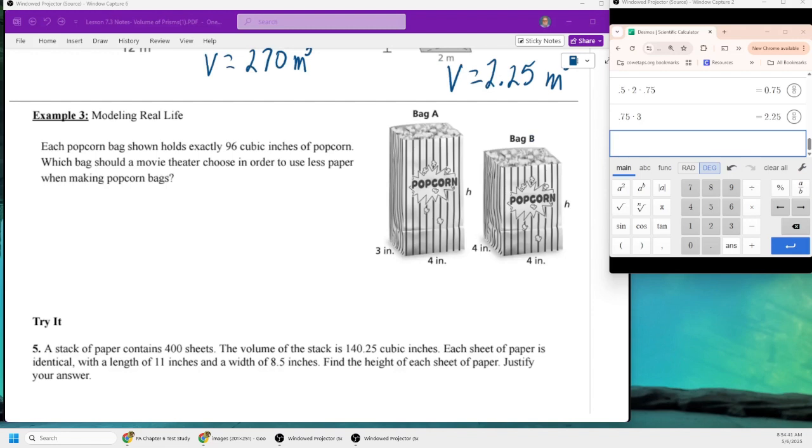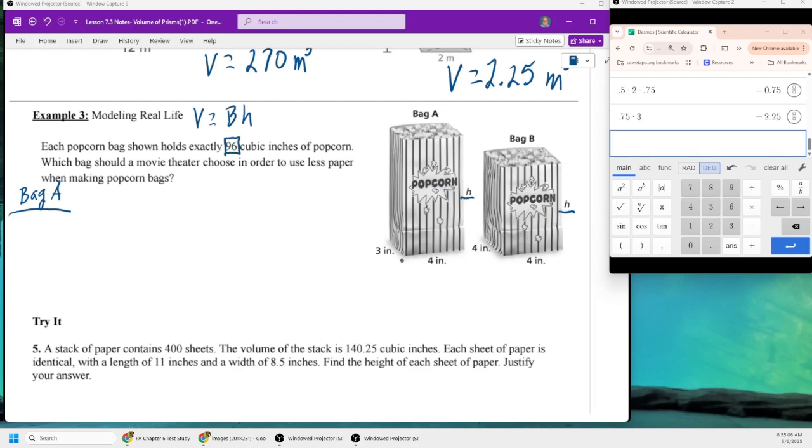So what we're going to do is we're going to look at bag A. Remember our volume formula is the area of the base times the height. So we know the volume. The volume is 96, but what we don't know is the height of each of these bags.